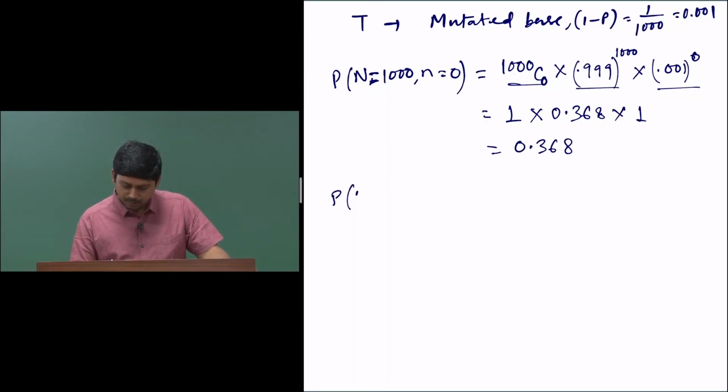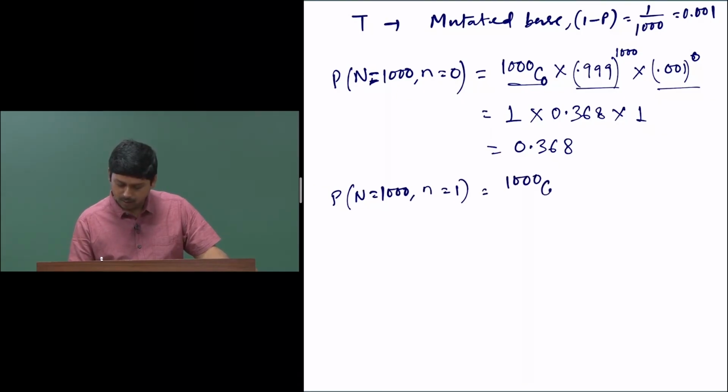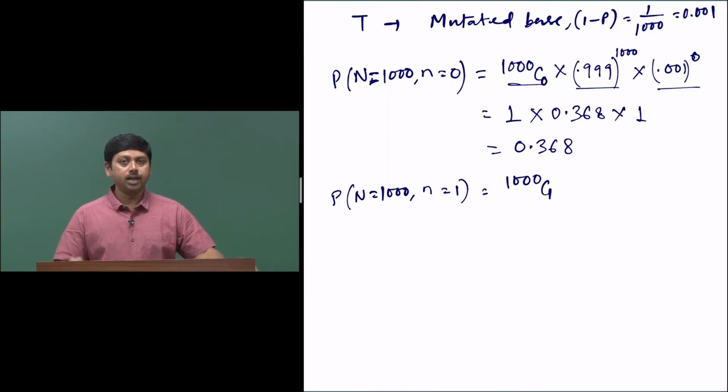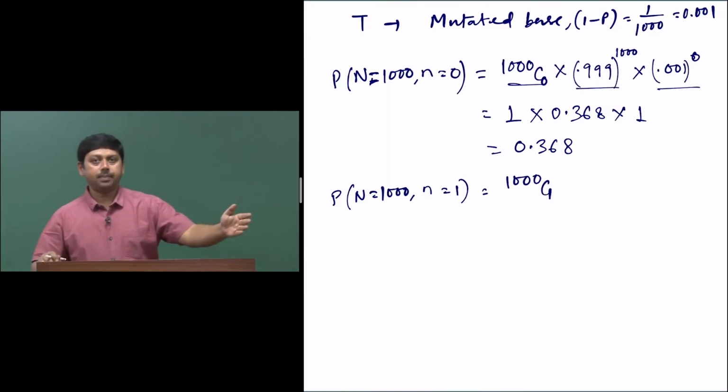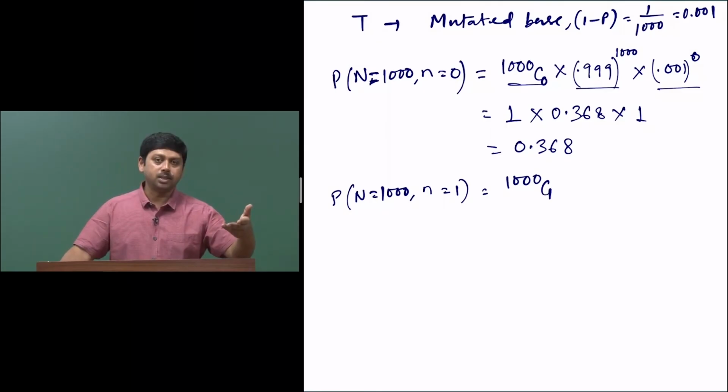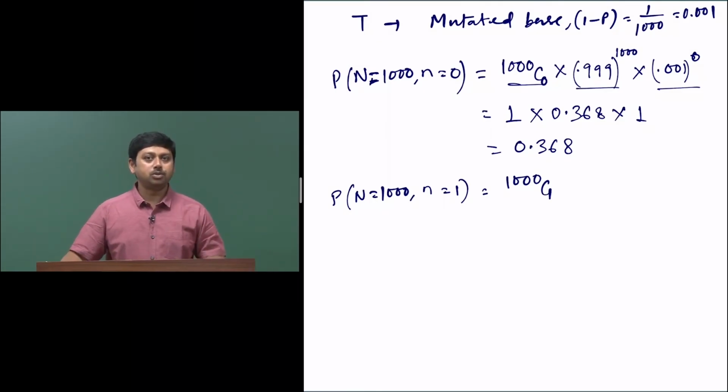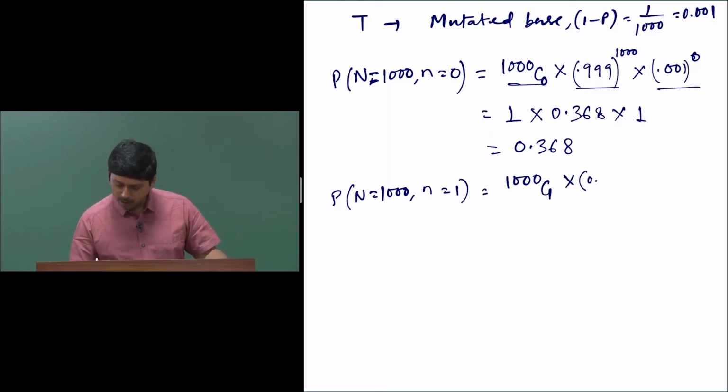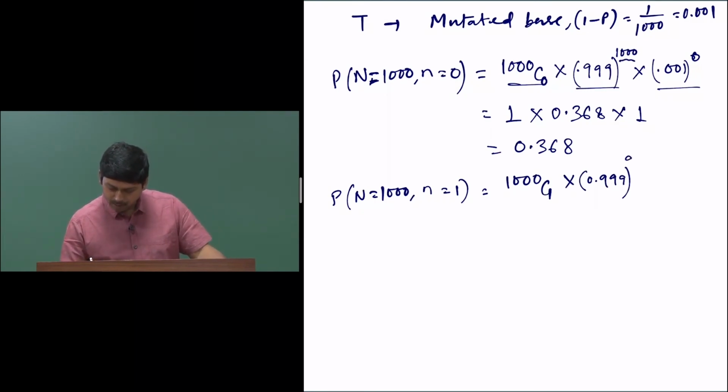Let us do the next one, P_n with N equal to 1000 again, because out of 1000 bases we are going to consider n equal to 1. Again that will be 1000 C 1, because the mutation can happen at any point. In the 1000 bases, the mutation can happen in the first base or in the second base or in the third base. So, there are 1000 possibilities for the mutations to happen, and that is what 1000 C 1 indicates. Now, 0.999 to the power 999 and 0.001 to the power 1.